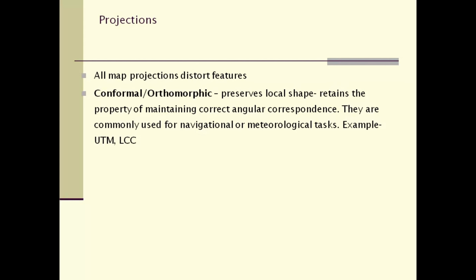UTM and LCC are two types of projections of this kind that we generally use. In that projection system your shape is preserved, though some error in area may be there.